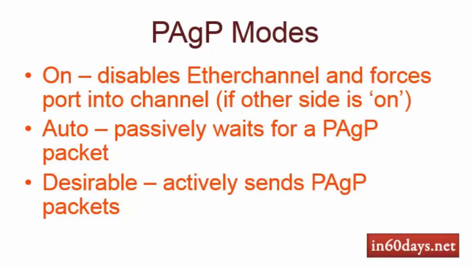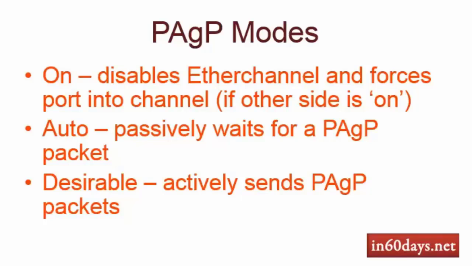PAgP modes include on, auto, and desirable. So this could remind you of dynamic trunking protocol, where one side could be passive and the other side could be active. Just bear in mind that one side needs at the very least to be in active mode, and the other side could be in passive mode in order for the channel to come up.